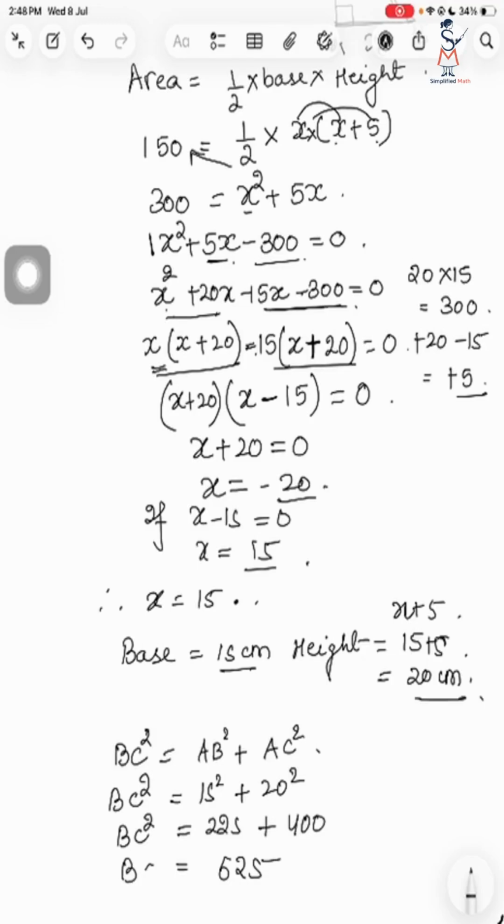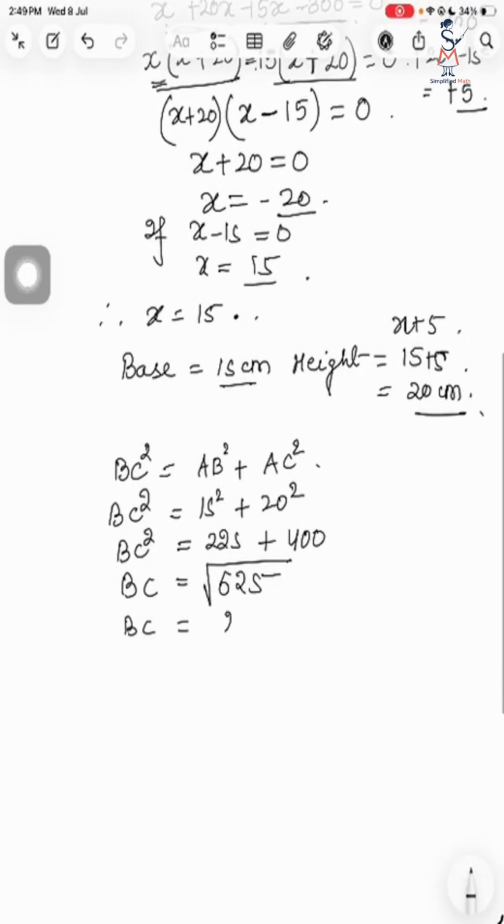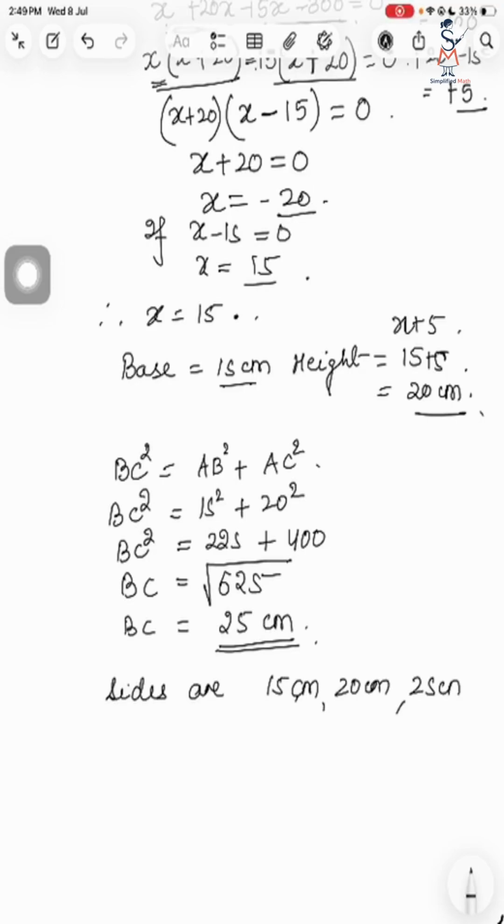So BC is square root of 625, which turns out to be 25 centimeter. Fine. So we got the sides as 15 centimeter, 20 centimeter and 25 centimeter.